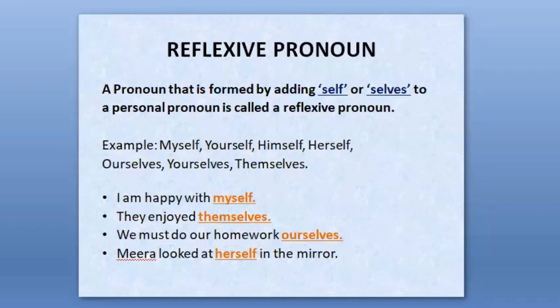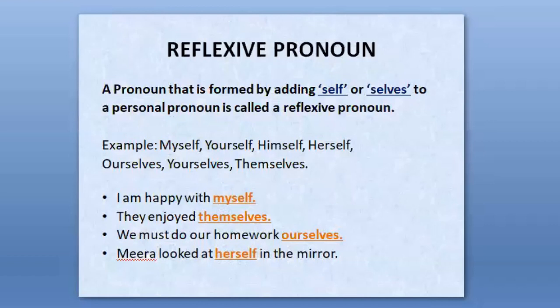I repeat, a pronoun that is formed by adding self or selves to a personal pronoun is called a reflexive pronoun. Easy, right? For example, myself, yourself, himself, herself, ourselves, yourselves, and themselves. Now it changes depending upon the type of sentence, whether it is singular or plural.